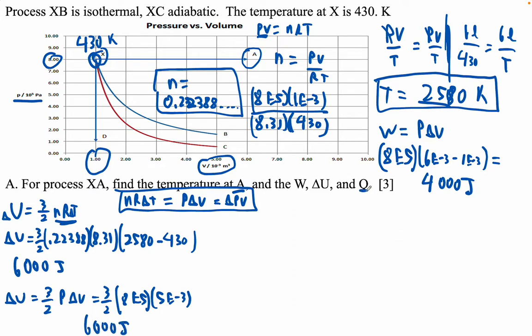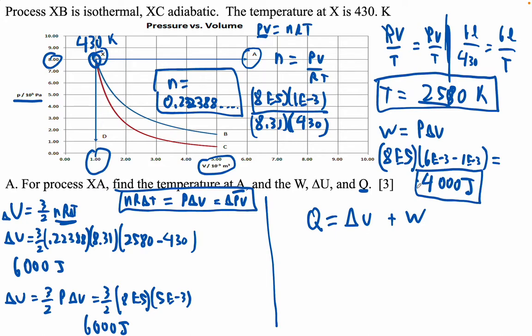Right. So then it also says find the Q. Well, let me show you, right? Remember that the heat that flows in is either manifested as a change in internal energy or work. So in this case, we have both, and they're both positive. So our work is 4,000 joules. And since the piston's moving out, that's positive work.